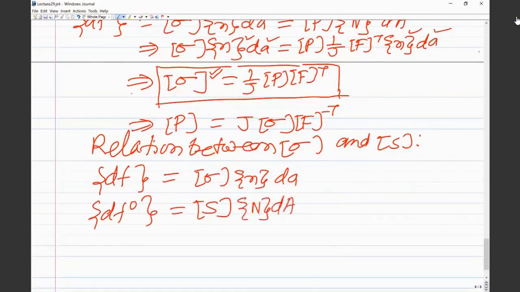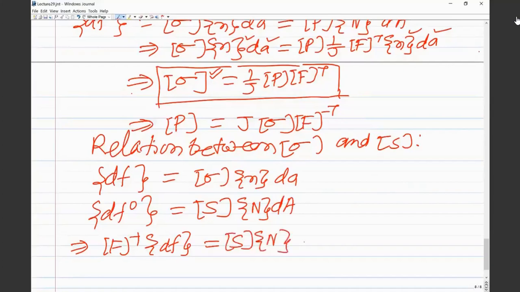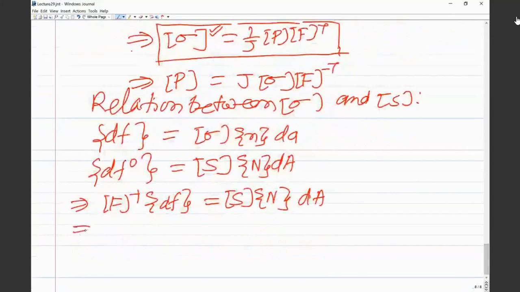Now we have already seen that dF naught is equal to F inverse into dF, and this is equal to S into N dA. Now we can write this dF in terms of Cauchy stress, because we want to relate the second Piola-Kirchhoff stress and the Cauchy stress.